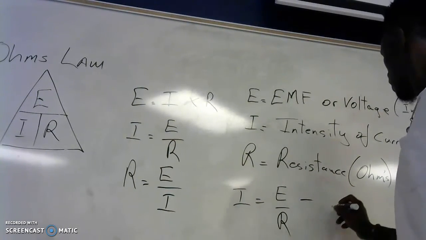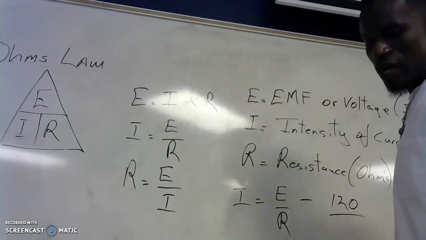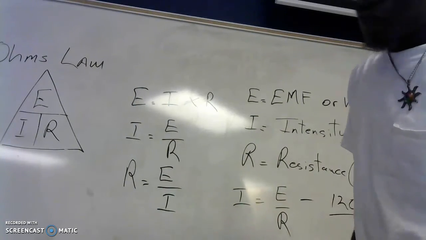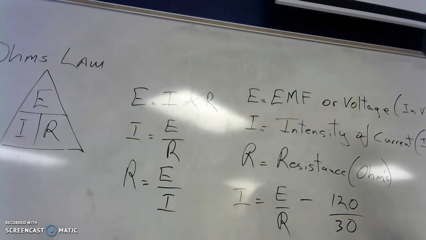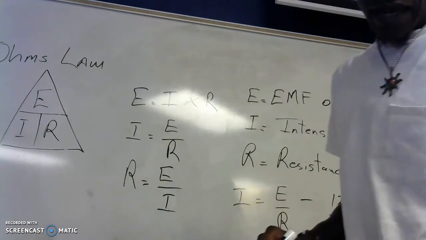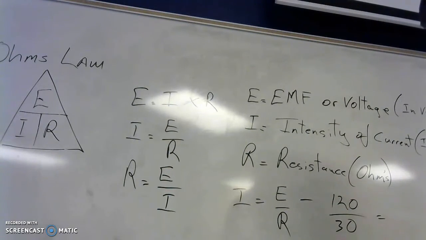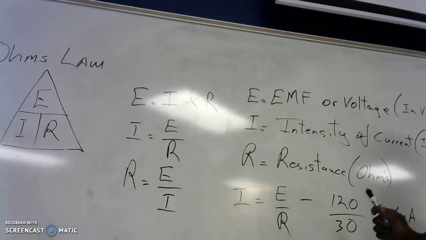So E is 120 volts divided by a resistance of 30 ohms. We divide that, 30 into 120, gives you 4 amps. That's how you would find your intensity. So we have 120 volts of electromotive force pushing 4 amps through a 30 ohm resistor.